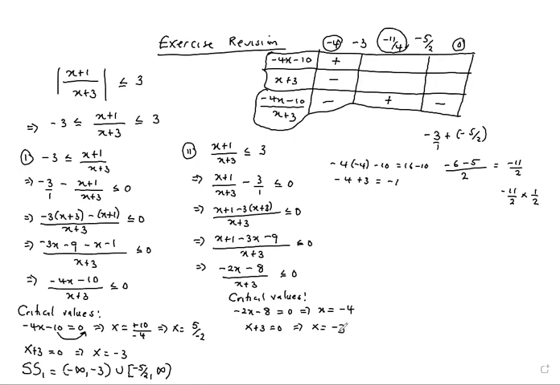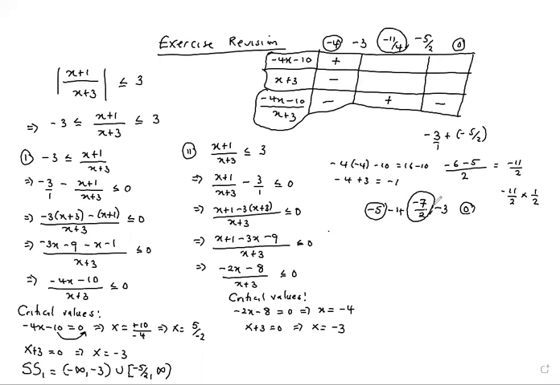Testing table, we have -4, we have -3. A number bigger than -3 is 0, less than -4 is -5. In between, we add these two numbers, -4 minus 3, we get -7, and divide it by 2. This is our middle number.